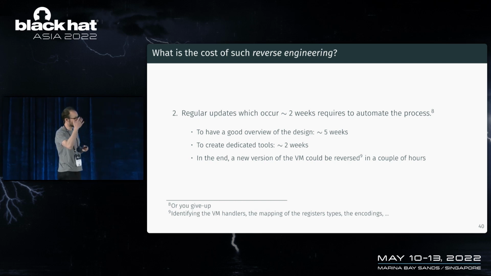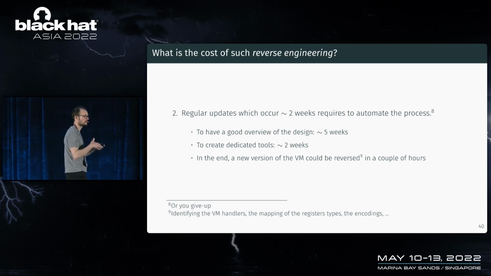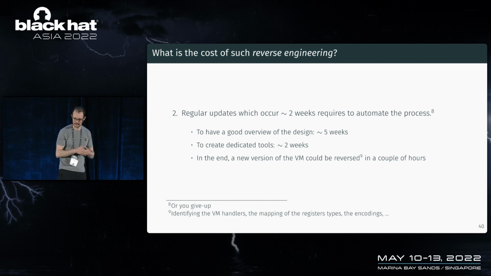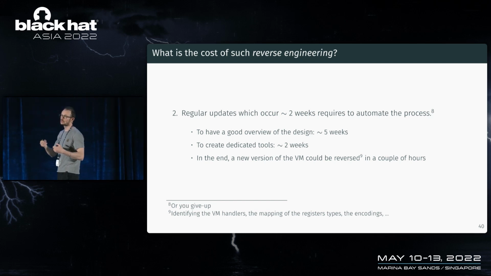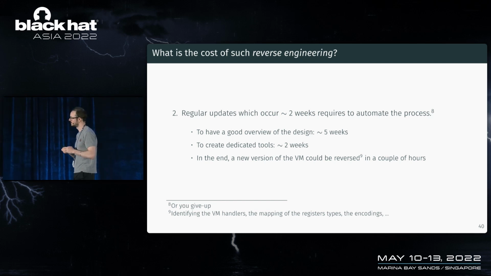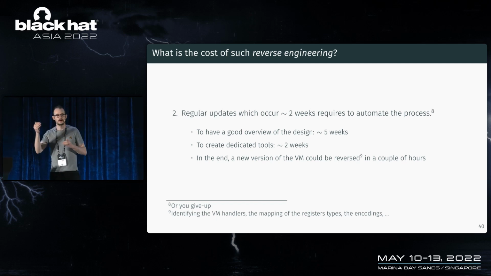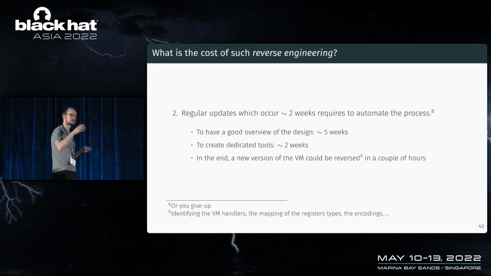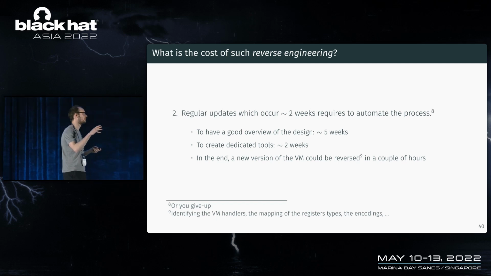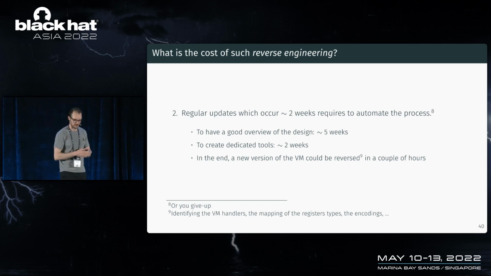And on top of that, you can add 2 weeks for developing your toolset. And then once you have everything ready, in the end, I managed to reverse a new version of the VM in a couple of hours.